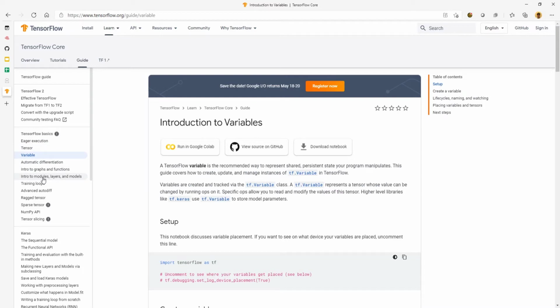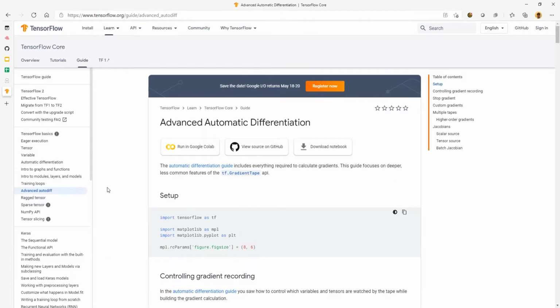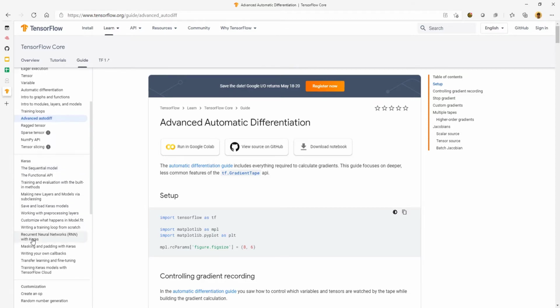I don't think this is too long. Just read the entire TensorFlow Basics section and read the Keras section. Okay, I apologize.